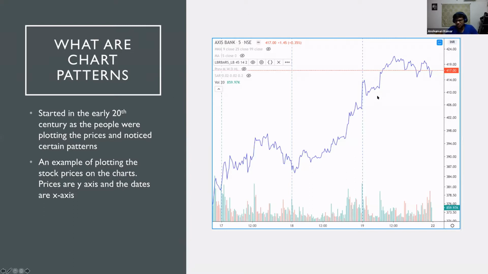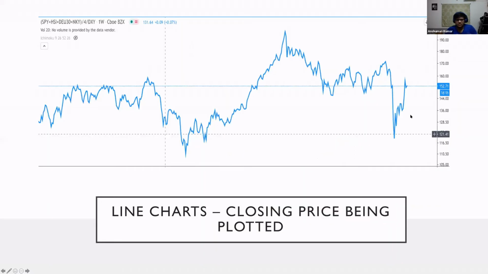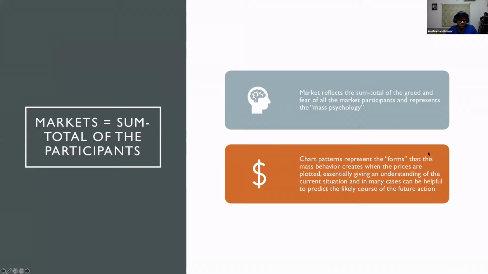The closing price is on the y-axis. This is where the prices are, and on the x-axis you have the date. This is an example again. This is the closing price being plotted. The price on the y-axis, and on the x-axis you have the dates.